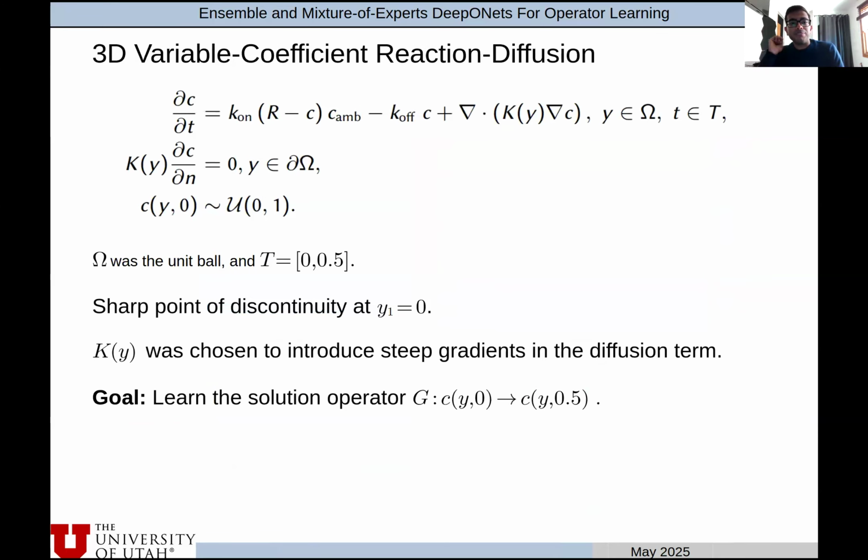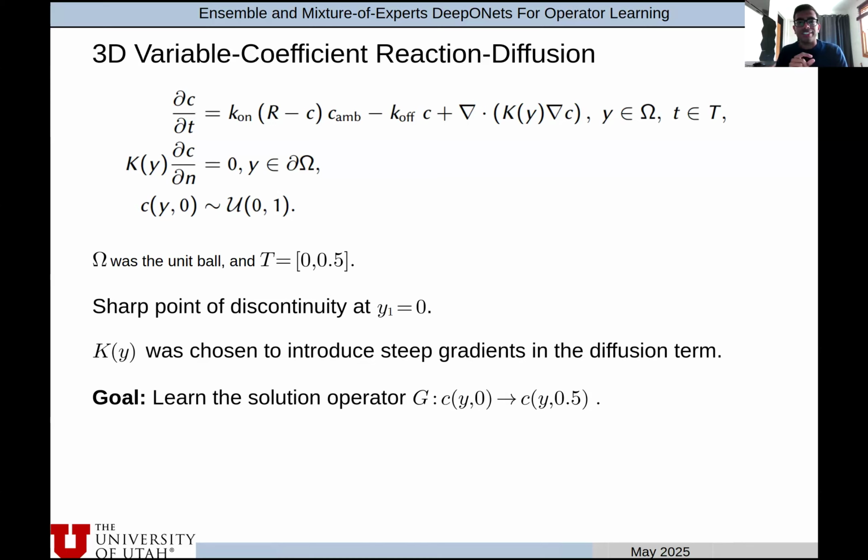Okay. Next, we decided to take it up a notch and create a much harder problem to solve. So first, we turned the reaction diffusion problem from 2D to 3D. And in addition to still having the same spatial discontinuity at a vertical, so here it will be a plane, we also decided to introduce this coefficient function k of y that is extremely nonlinear.